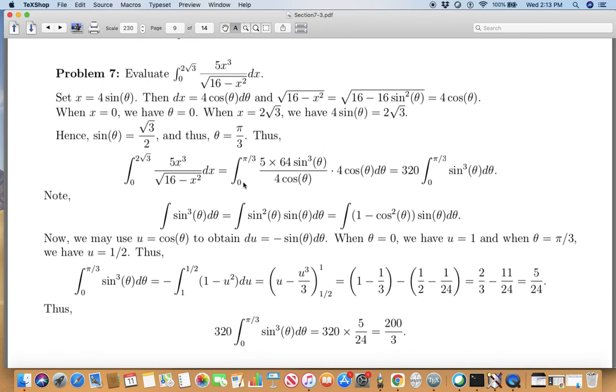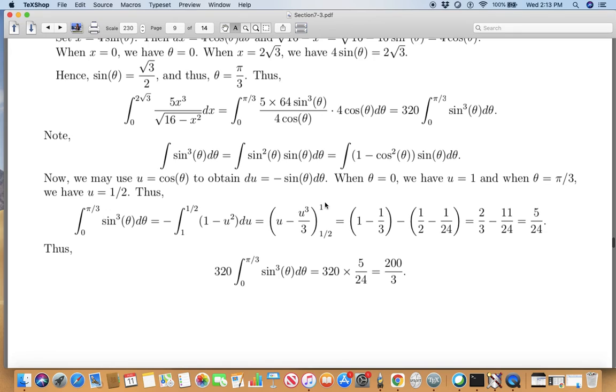When theta is 0, u is 1. When theta is pi over 3, u is half. So these limits go from 1 to half. There is a negative because you have a negative sine theta d theta. So that's negative 1 minus u squared du.